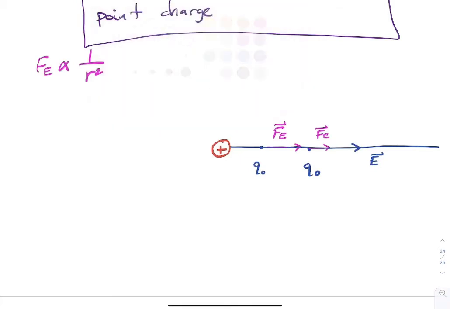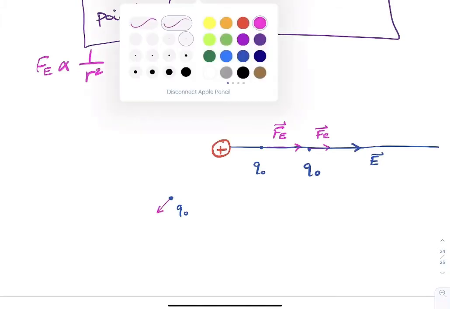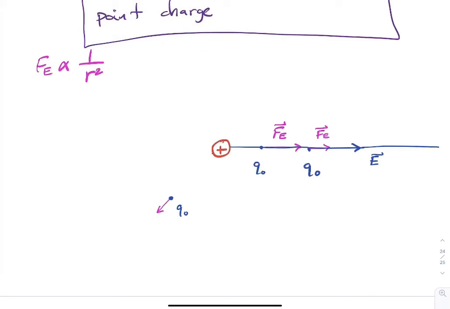I could put a positive point charge right here if I wanted. We know that that would cause a repulsive force, and it's going to be a little smaller than this one. So we know it'll be repulsive and away like that. And so that gives us the direction of the electric field produced by that positive point charge.